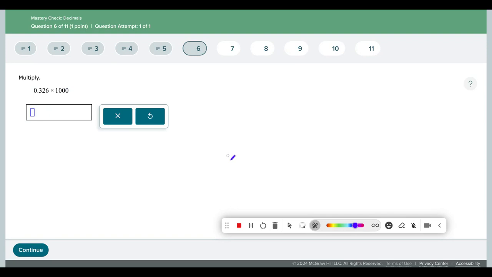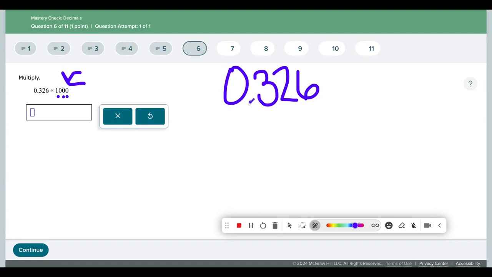In general, when you are trying to multiply by a place value number, ones and zeros, all you have to do is count how many zeros you have: 1, 2, 3. That's how many hops you're going to move your decimal point to make your number bigger. I was just showing you how to make sure you're going in the correct direction, because if I hopped the decimal this way, my number would be getting smaller. And we don't want to do that.